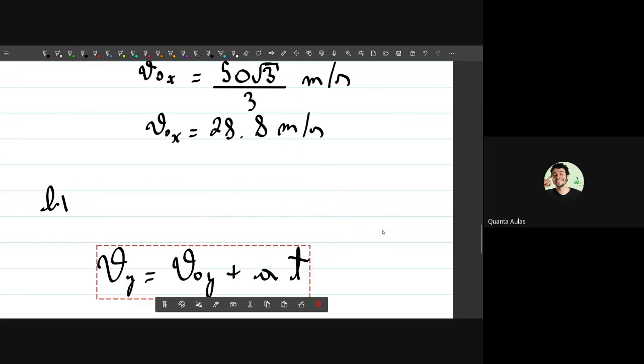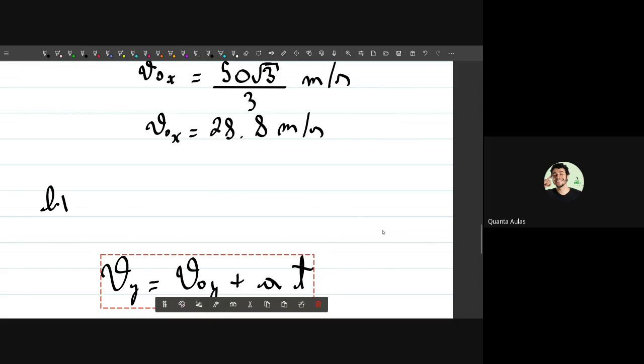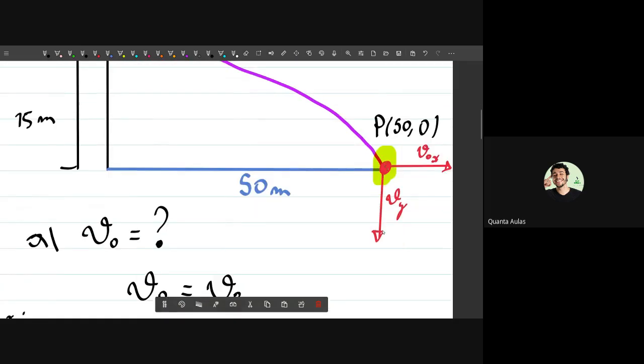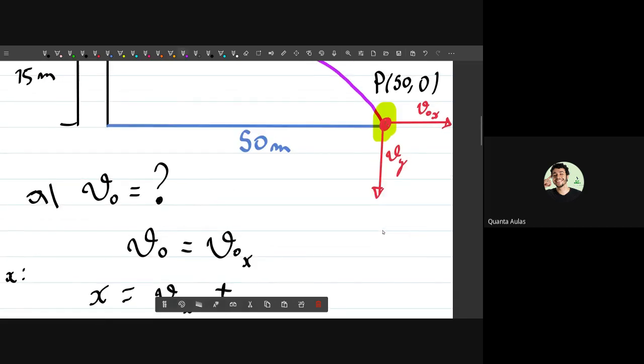But I will show you first what we really want. What you really, really want is this. Okay? This two-dimensional velocity is the real velocity of this body, a diagonal velocity, right?